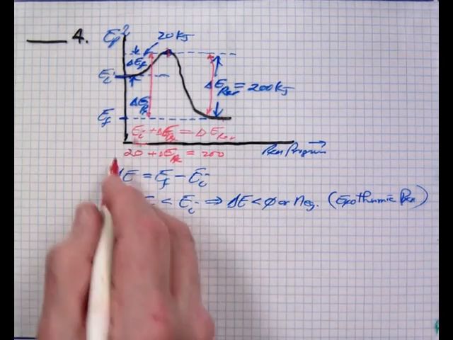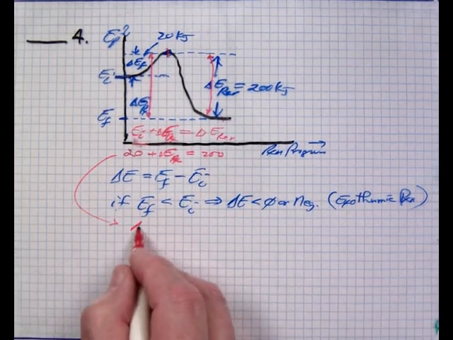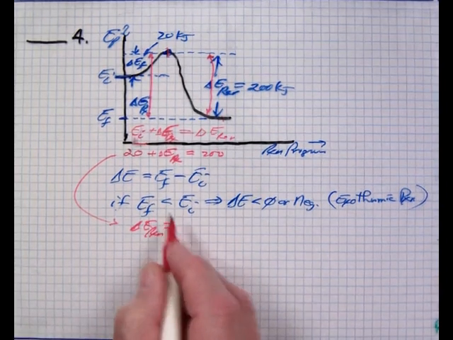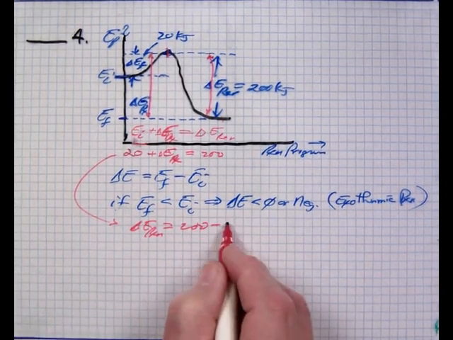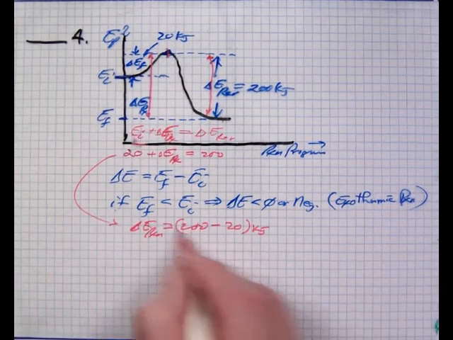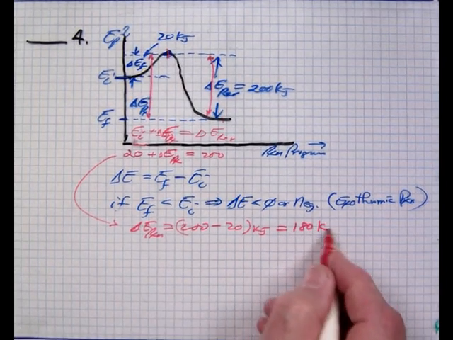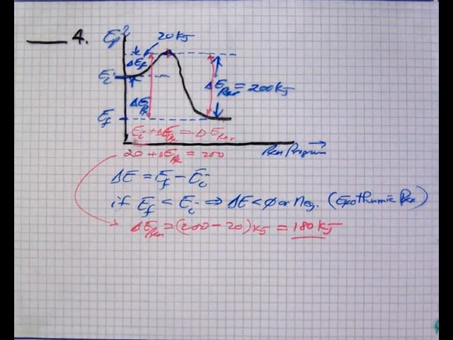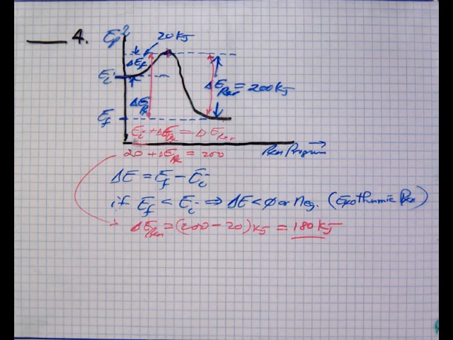I'm trying to rush. So this delta E of reaction is now 200 minus 20 in kilojoules, which is 180 kilojoules. Exothermic. Looks like D choice for those keeping score.